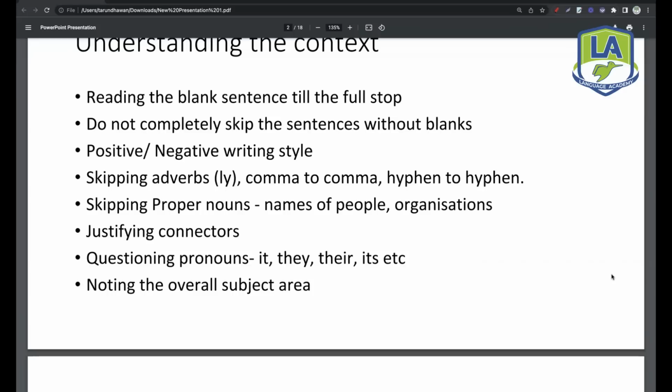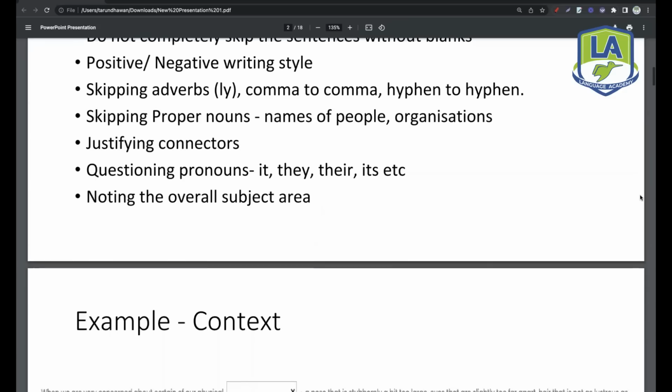A lot of times we have synonyms given in the options, two words which mean the same. At that point, if you pay attention to, okay, I'm in a medical context, so I'll select a word which is more likely to be used in the medical field, that can serve as a hint. We have examples for all these things to understand them better.